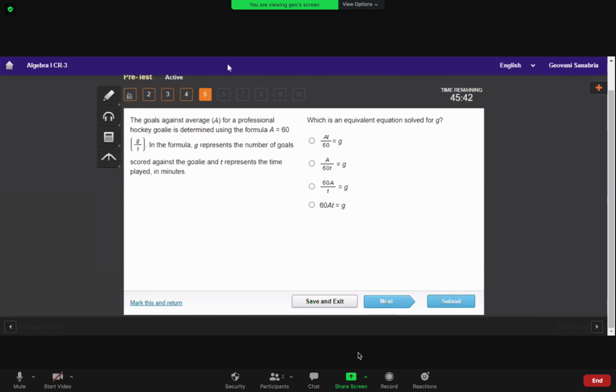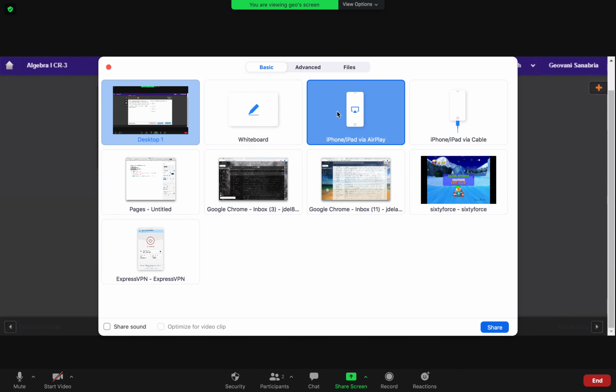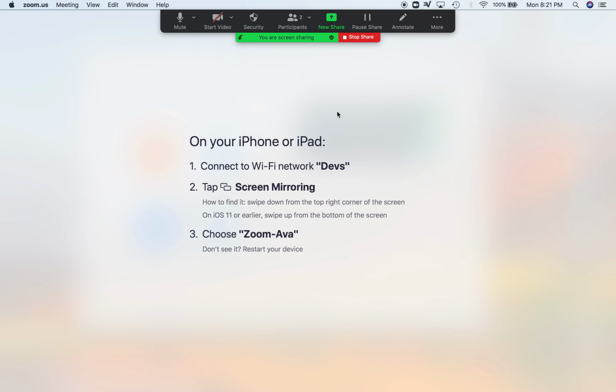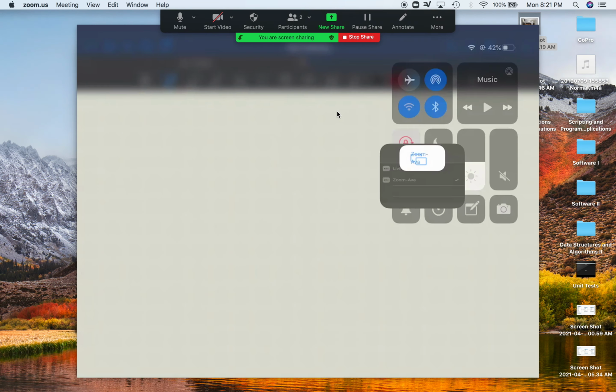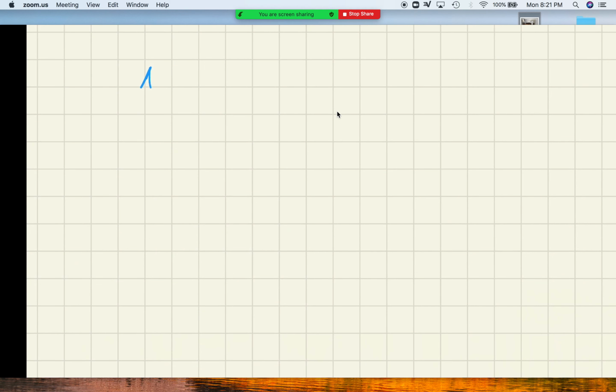Just let me share. So originally it's like this, but this is the same exact thing. And I'm thinking that's what you wrote down.